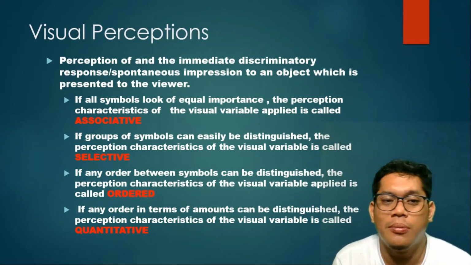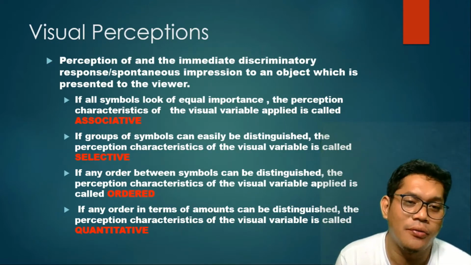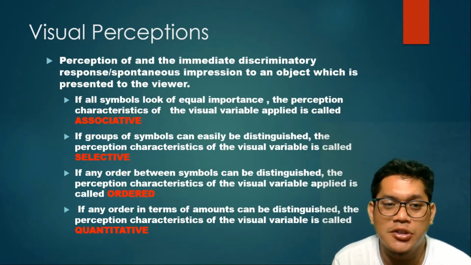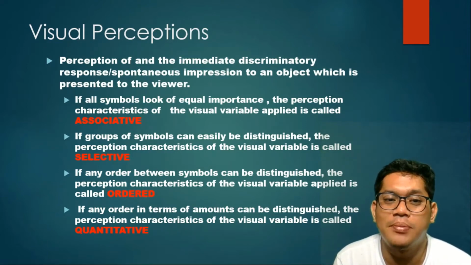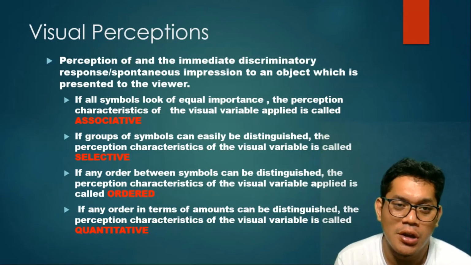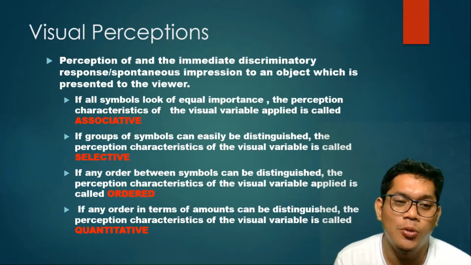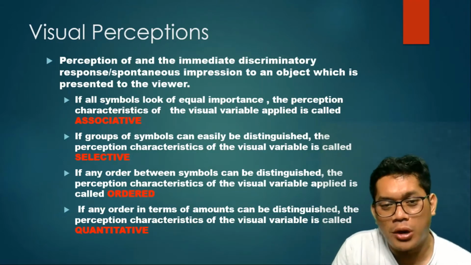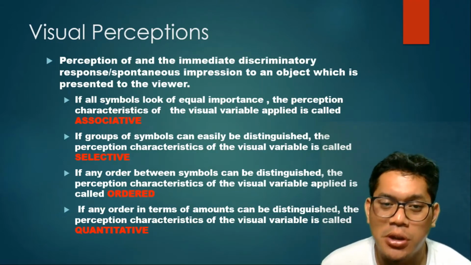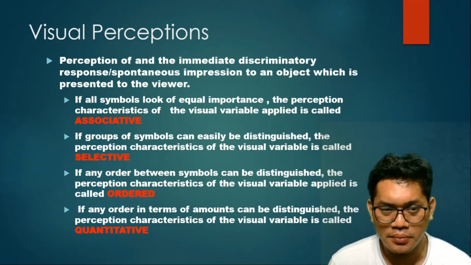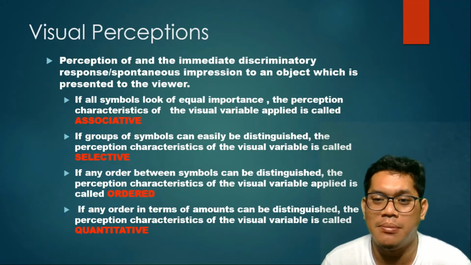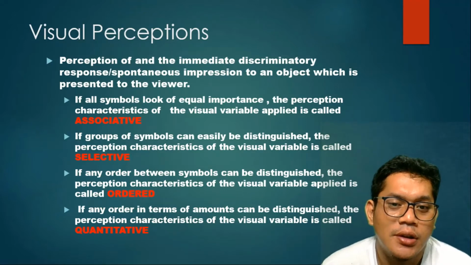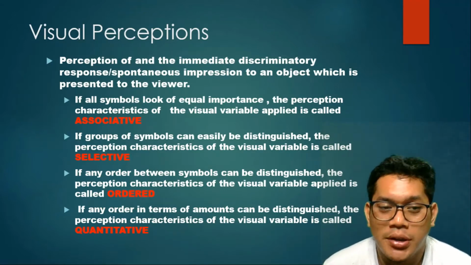So you have to know about the visual perception of the map, where perception is the immediate discriminatory response or spontaneous impression to an object presented to the viewer. Therefore, if you come up with a map where all symbols look equally important, the perception that comes out to the viewers is called associative.